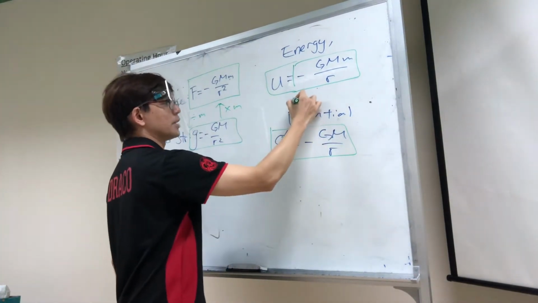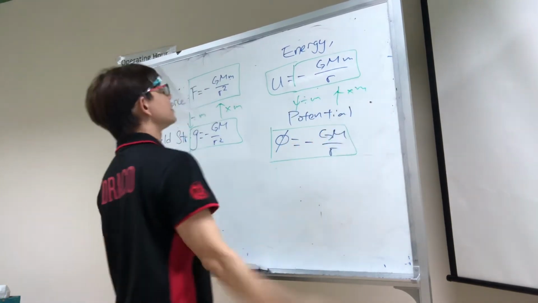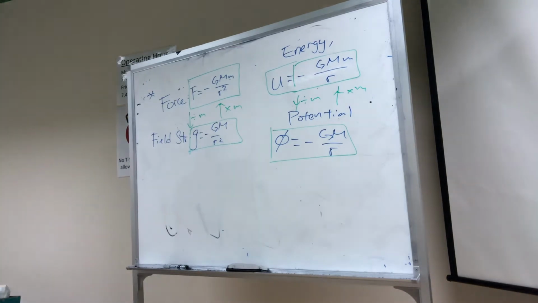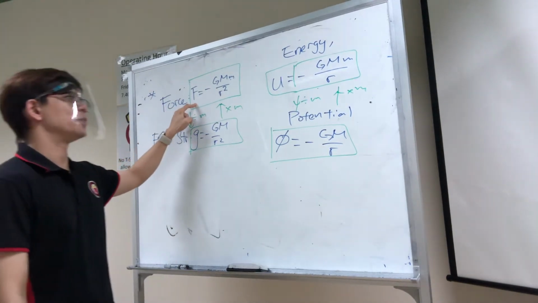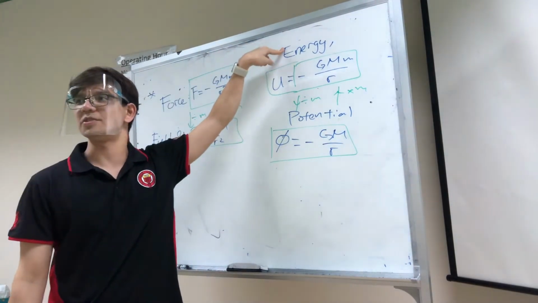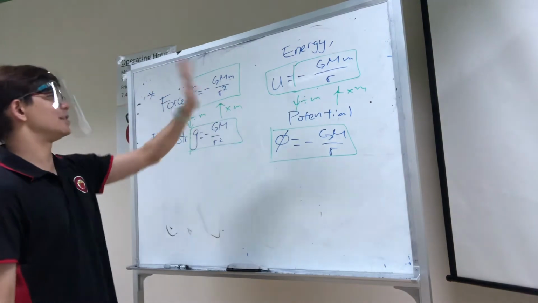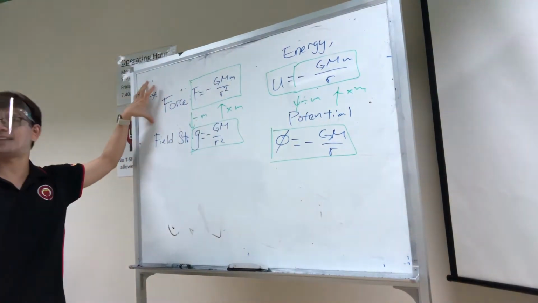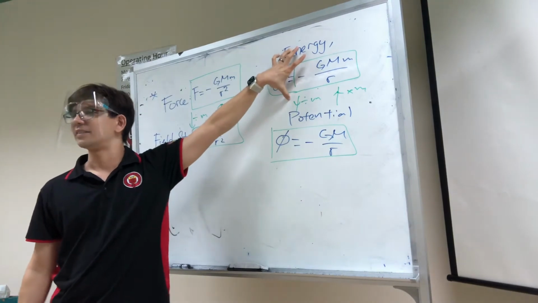From energy to potential, you divide by mass times mass. If you have gravitational force, when this force does work, there is gravitational potential energy, given by GMm over r. But the difference between these two is that force is a vector, while energy is a scalar. Right, so far so good.